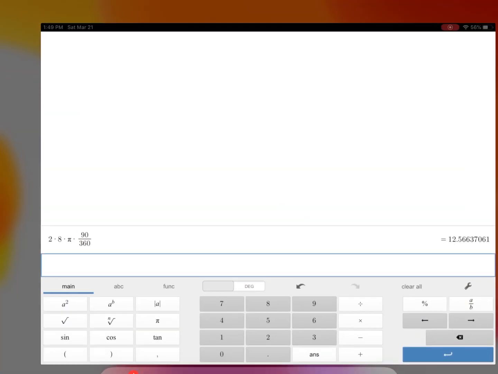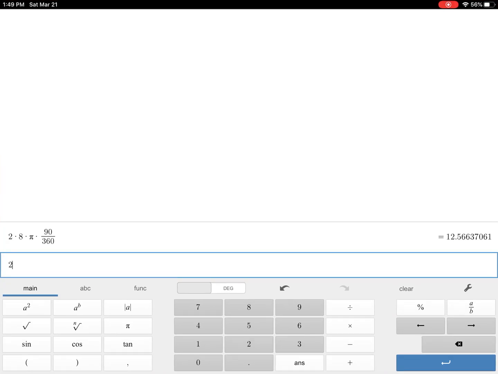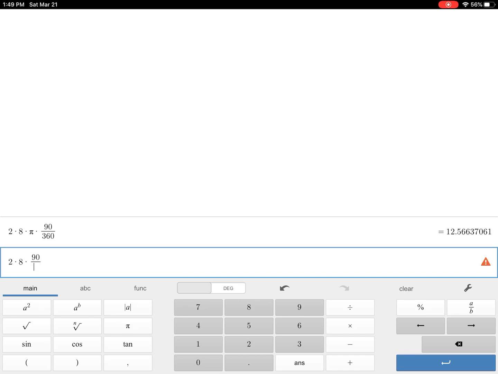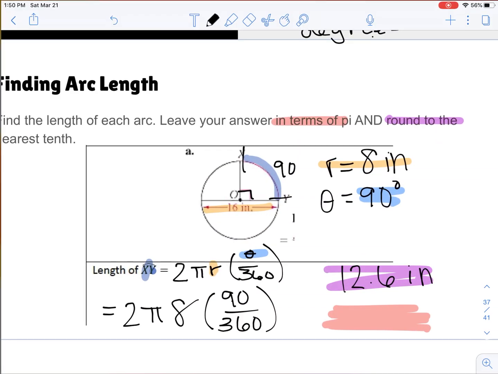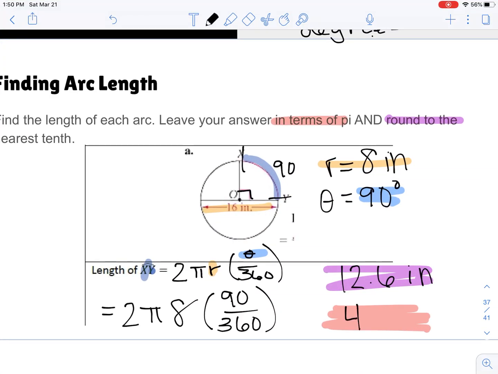So go back to your calculator. We have 2 times pi, which we're going to ignore, times 8 times 90 over 360. We get that it equals 4. So this answer would be 4 pi inches.